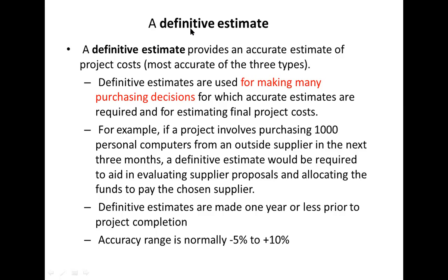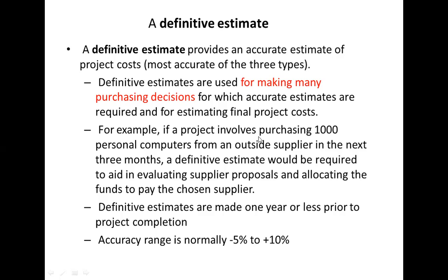To evaluate those proposals, you can use this definitive estimate. These definitive estimates are normally made 1 year or less prior to the project completion. So it is the most accurate.